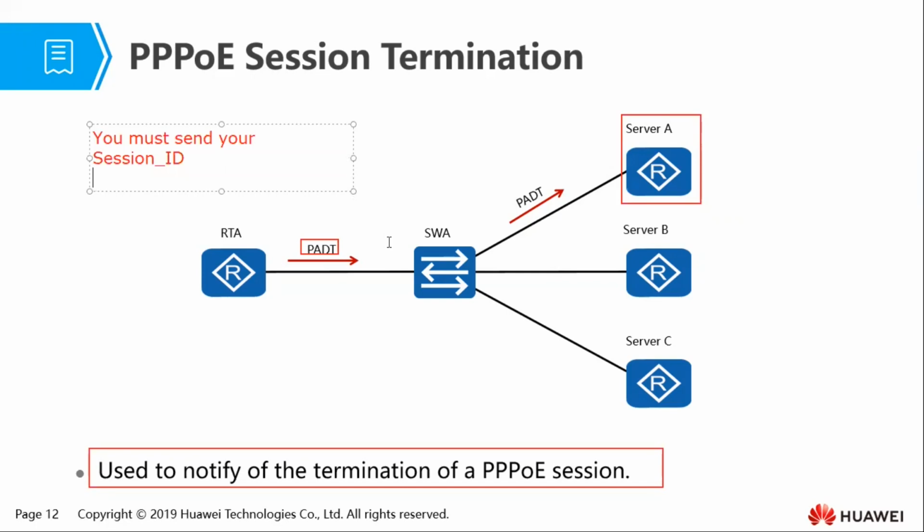Generally, the code field value for a terminate packet is 0xA7.